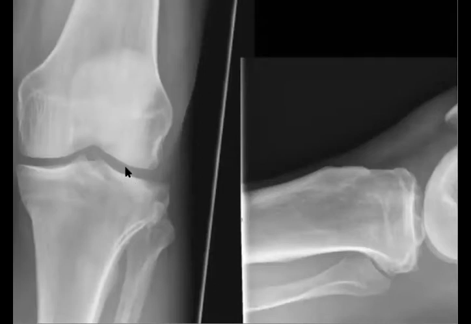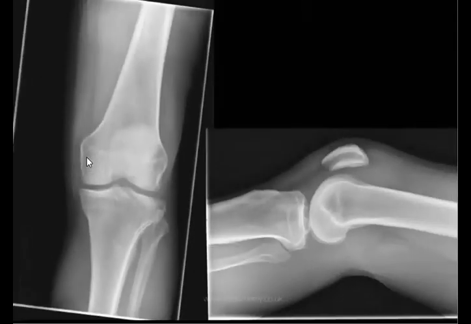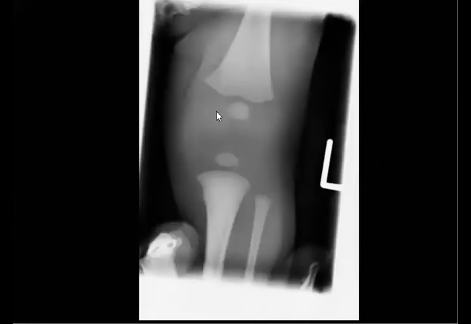So are you happy with this appearance? Yes, perfect. I think it is a tibial plateau fracture. Yes, here and here also you can see it. It's not very easy, but maybe after a while you will recognize it if I show more cases.